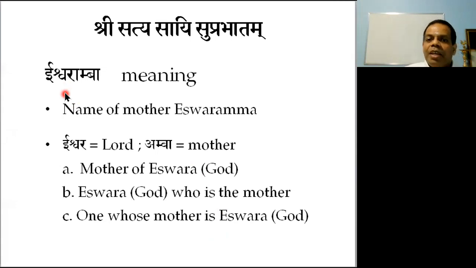So that means, who gave birth to that Ishvara? Who is that? It's the Parabrahman. That meaning is also there. I have not even put it here. That means the unmanifest Brahman is Ishvaramba. So you can see the multiple layers of meaning which we can derive from one word.